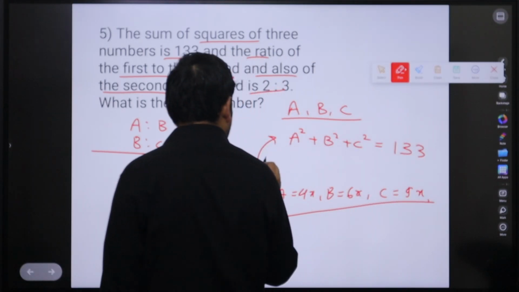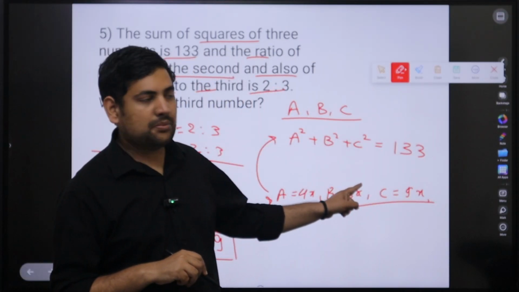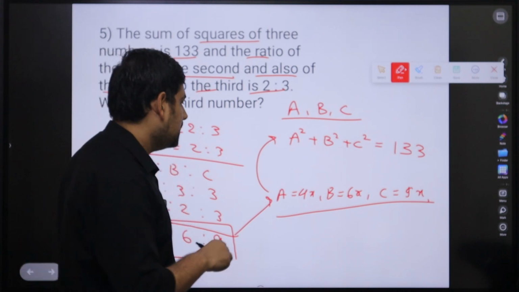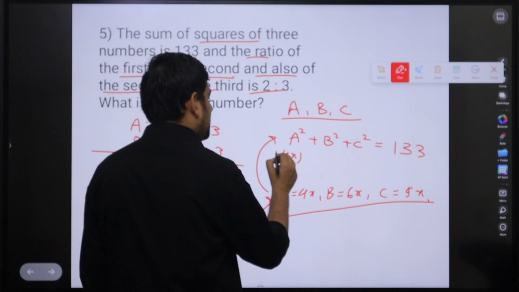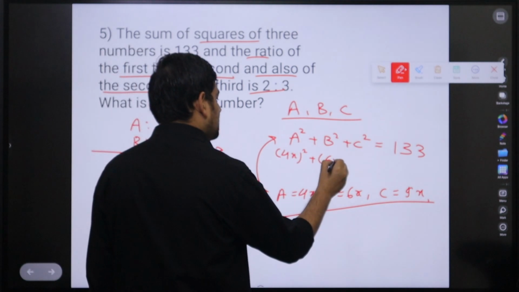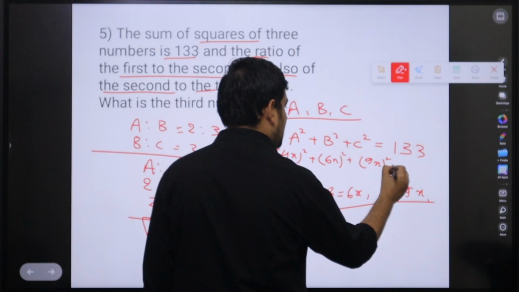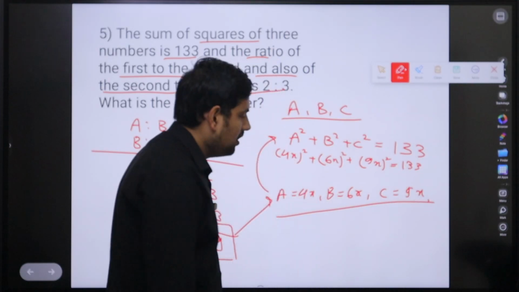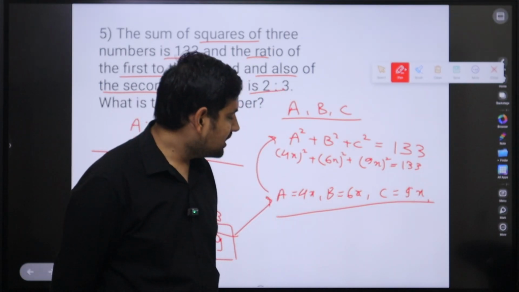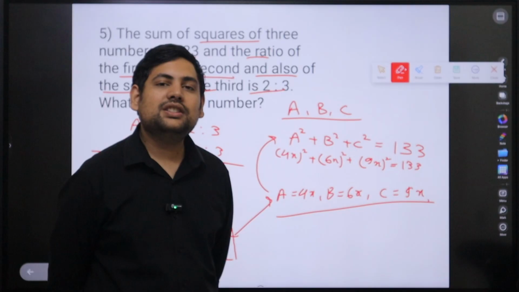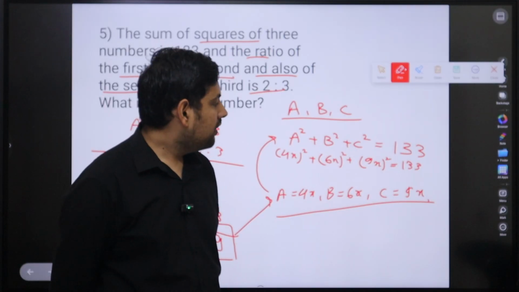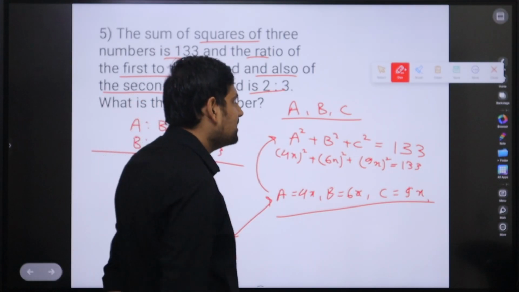Now I put these values in the first equation, that is sum of squares is equal to 133. So this becomes 4x whole square plus 6x whole square plus 9x whole square is equal to 133. Now 4 square is 16, 6 square is 36, 16 plus 36 will be 52. 52 plus 9 square is 81.